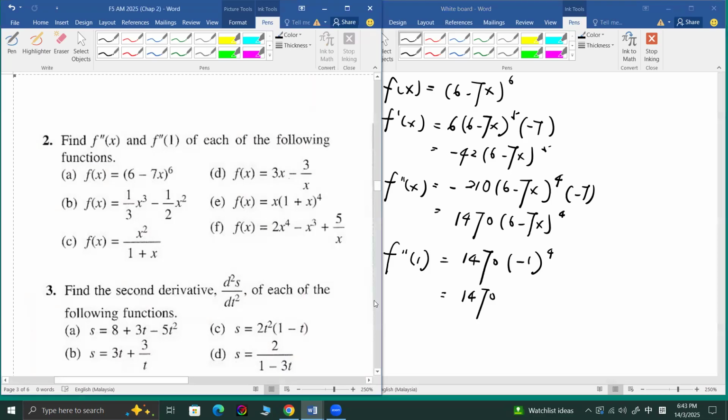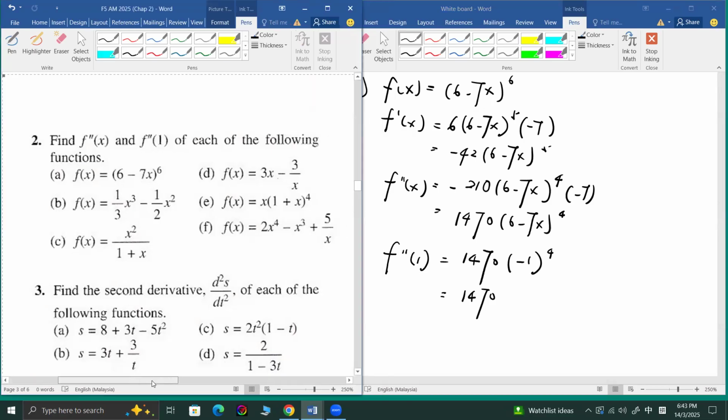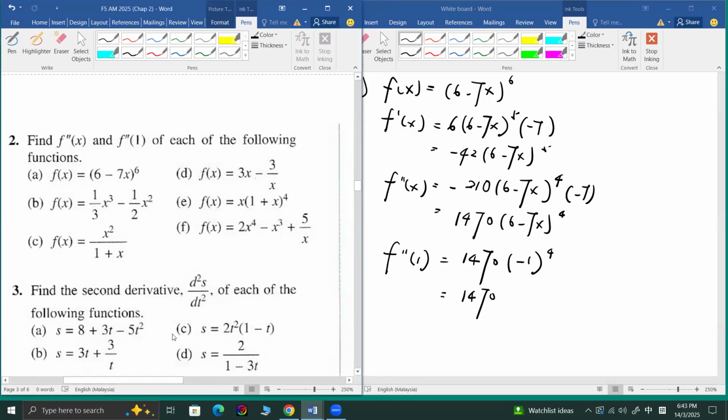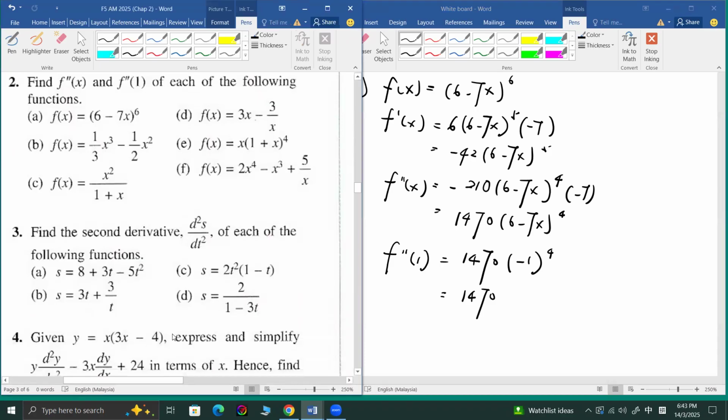Okay, class, the same thing. Copy down my solution. And question 2b until F, and question 3 also, I leave it to you. I'm not going to copy the answer here, because I want to continue. I'll send the answer later, so that you don't need to waste time just to copy the answer, okay? If I forgot to send, you let me know.